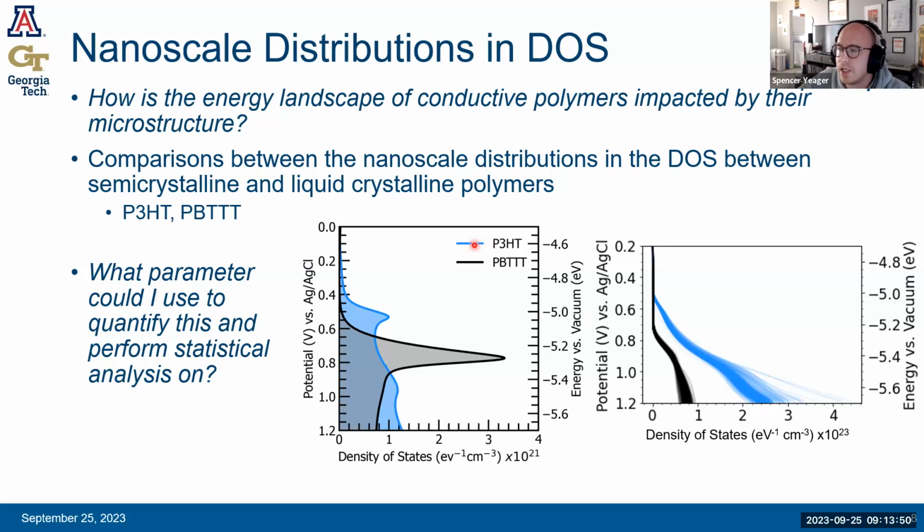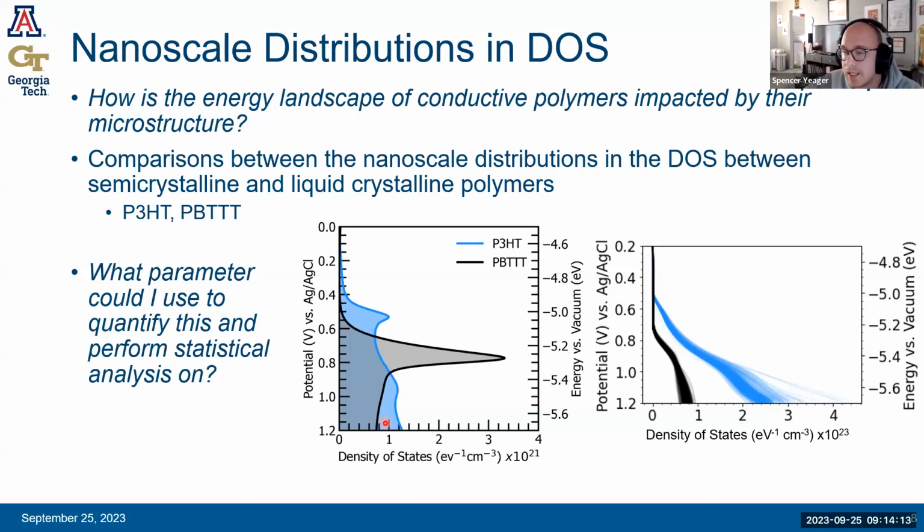In P3HT, if we do this density of states approximation, we can see there are two regions where we have a higher density of states, here corresponding to the crystalline region and then to the amorphous domain.